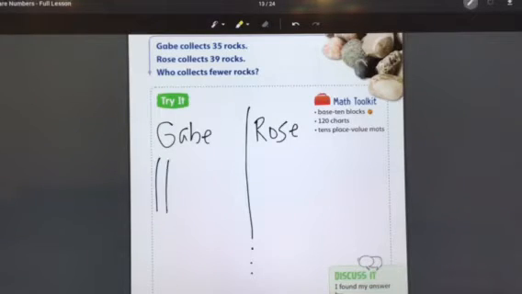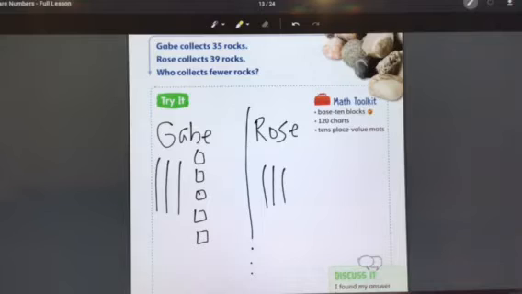So 1, 2, 3 tens, and 1, 2, 3, 4, 5 ones. Rose collects 39 rocks. Here, 39 has 3 tens, 9 ones. So underneath Rose, I'm going to draw 1, 2, 3 tens, and 9 ones: 1, 2, 3, 4, 5, 6, 7, 8, 9.